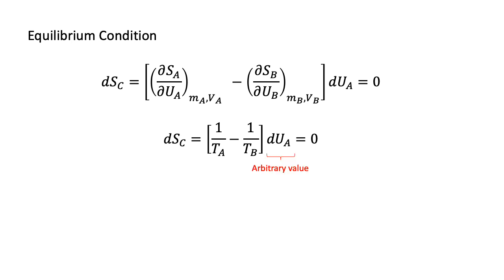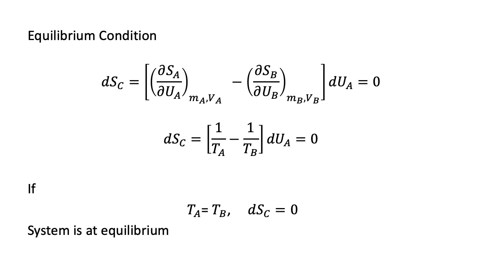Since dUA can have any arbitrary value, to satisfy this equation we require that TA is equal to TB. And when this is satisfied, dSC is equal to 0, so the system is at equilibrium. This satisfies our understanding of temperature, that when the temperatures of two systems are the same, they are at thermal equilibrium.